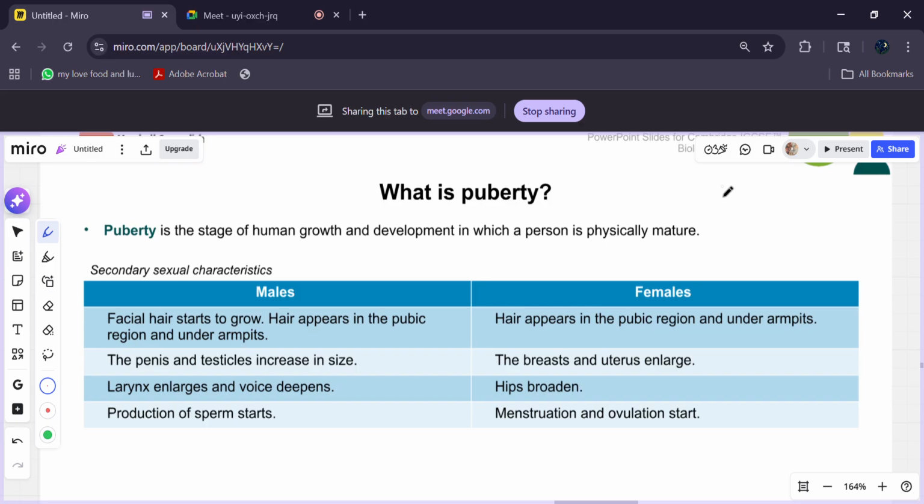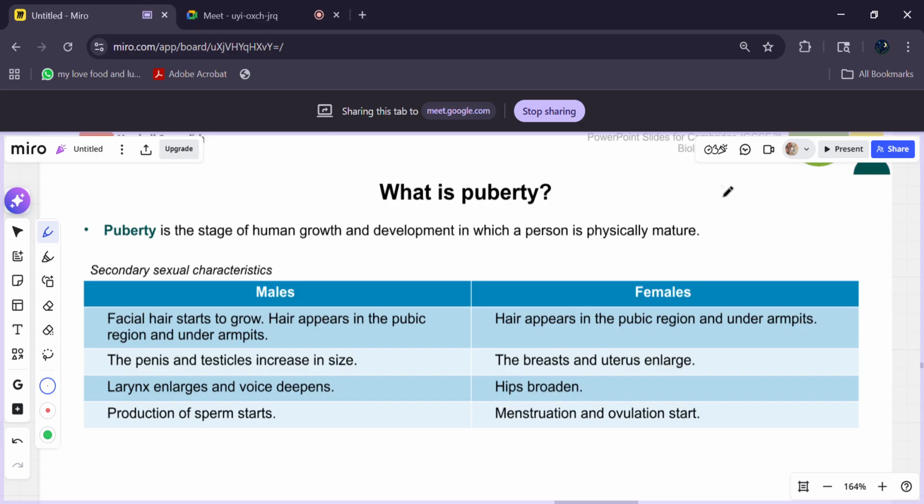For males, facial hair begins to grow. Hair under the pubic regions and armpits also begins to grow. That's why many men start growing hair on legs, hands, and armpits. For females, it's the same as for males, but they don't grow facial hair. They grow hair on the pubic regions and on the armpits.